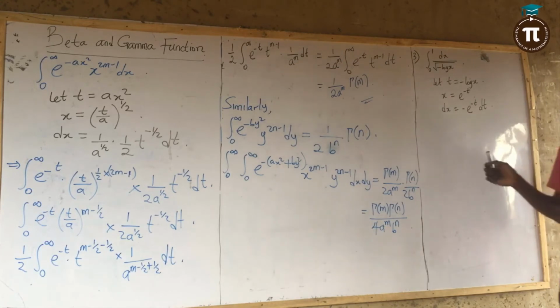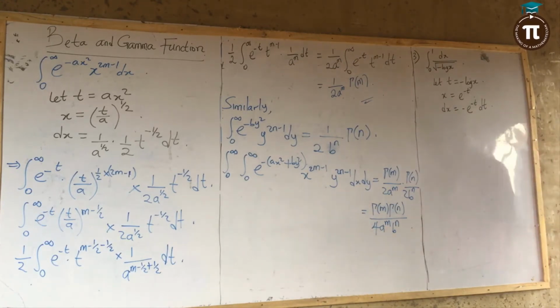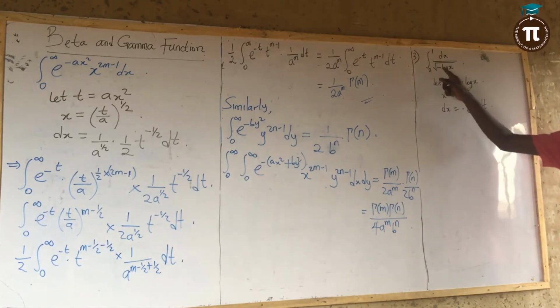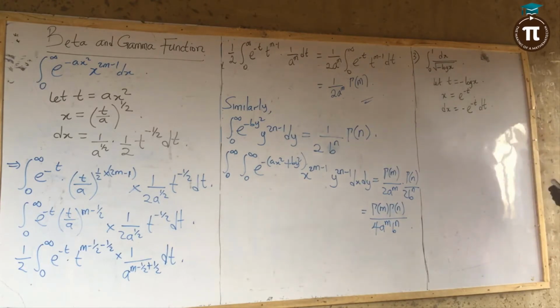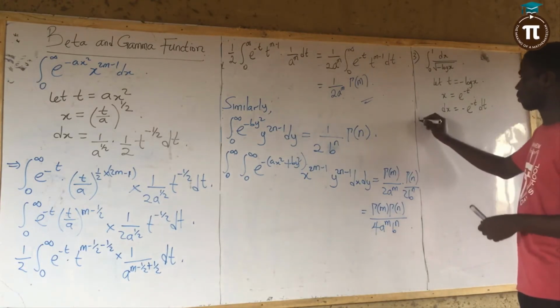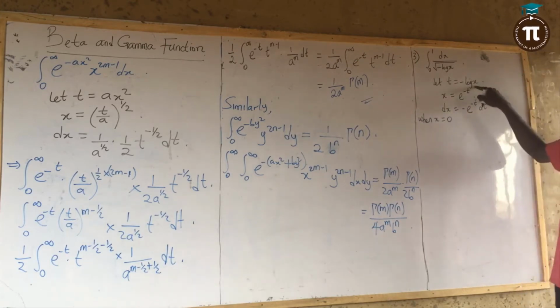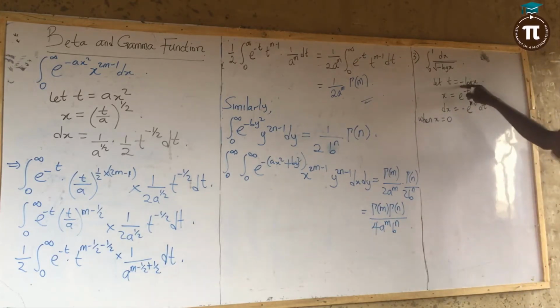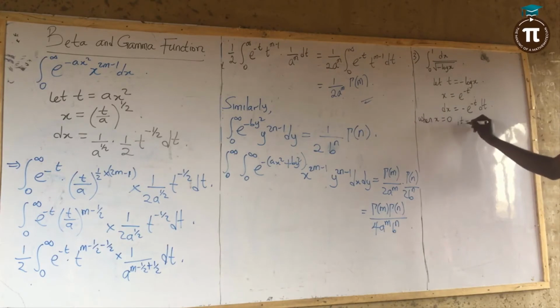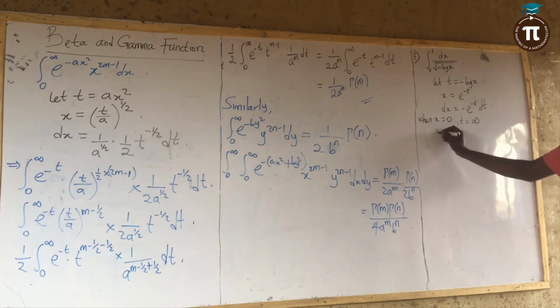The next thing to do now is, when x is 0, put 0 here. Log 0 is minus infinity multiplied by a negative, t will be infinity. And when x is 1, t will be 0.